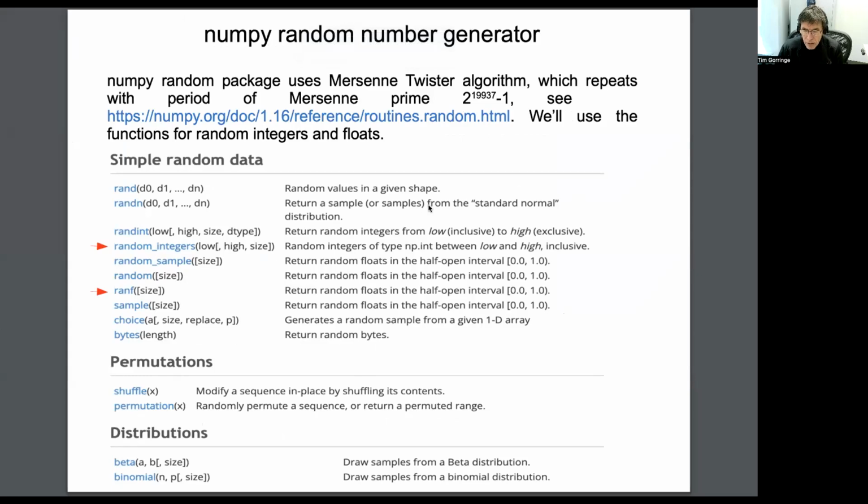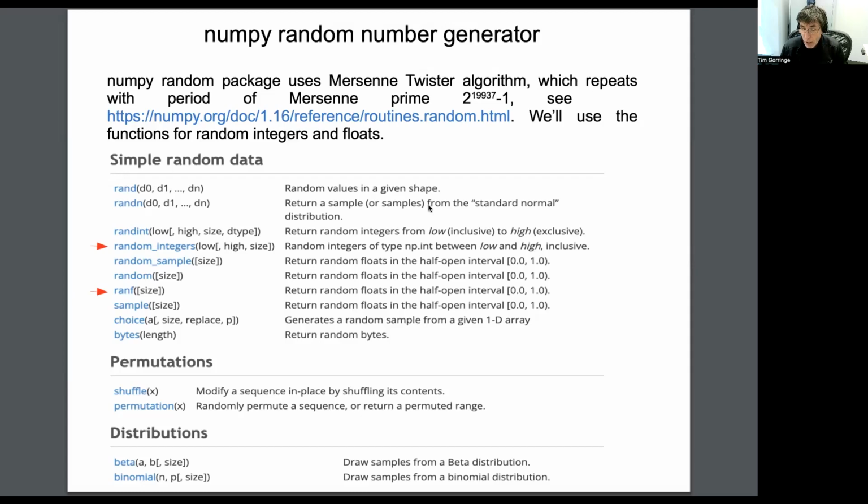So as I mentioned, we're going to use the NumPy random number package that uses this Mersenne twister algorithm. And on this slide, I've just listed some of the random number functions that are available in the NumPy random package. And actually, we're just going to use two of them today.